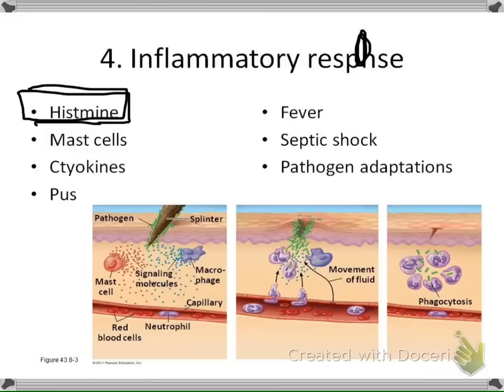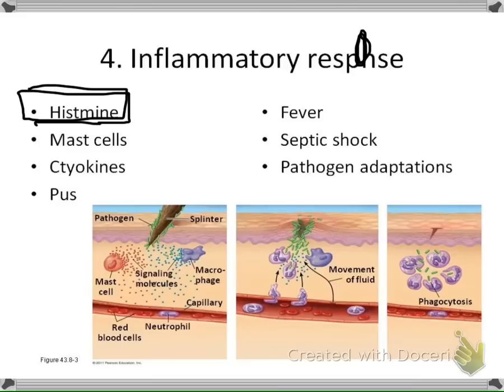They stop this response. But histamine is stored in mast cells, and mast cells are a type of connective tissue. And when injured, the mast cells release the histamine, which triggers dilation and increased permeability of the nearby capillaries.